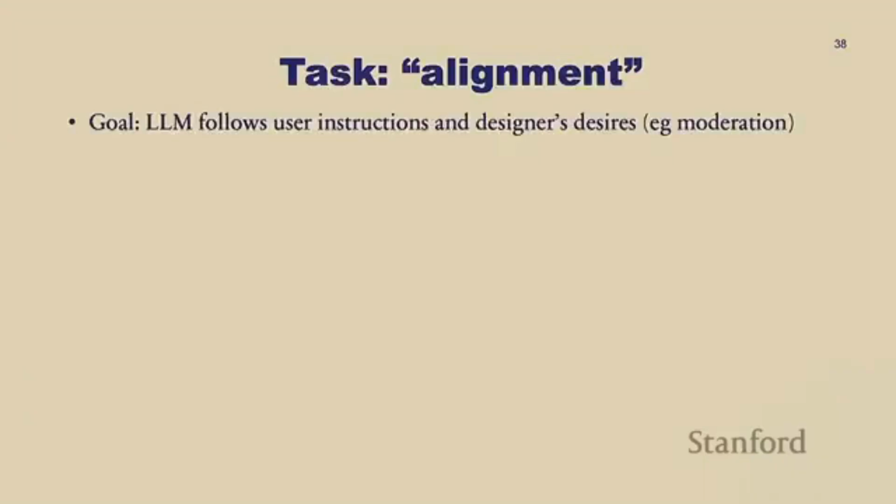So how do we do this alignment, which is this post-training and making these models assistants? So the goal of this alignment is to basically get LLMs to follow the instructions that are given by users, and maybe some designers' desires. So think about moderation. You don't want the model, like OpenAI definitely doesn't want their model, to say stuff that is very toxic.